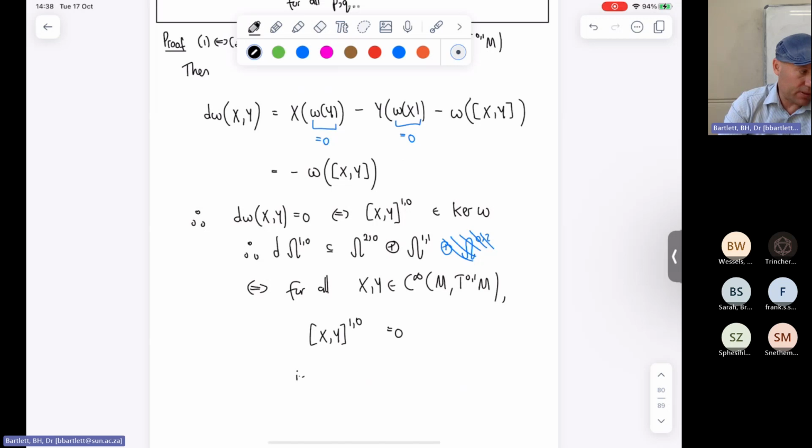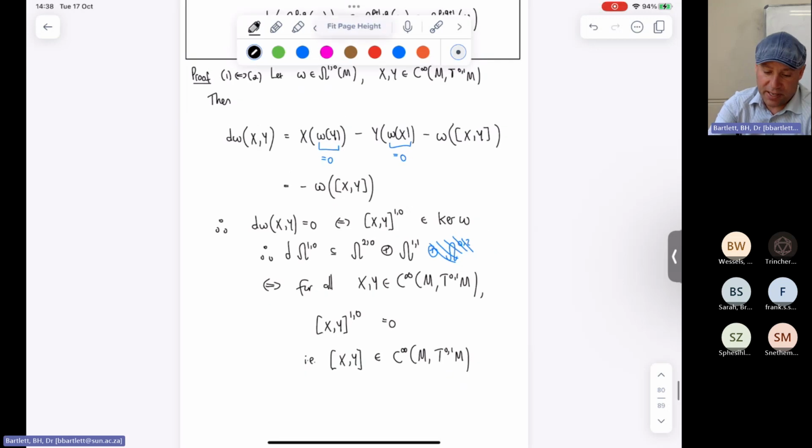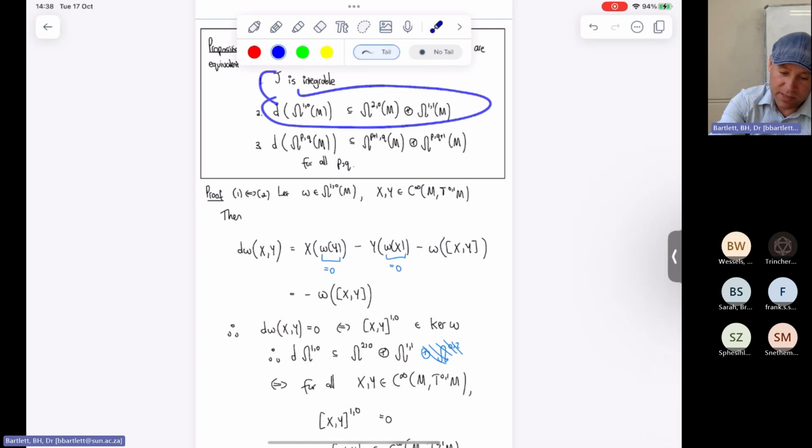In other words, the commutator of x and y is again a 0,1 vector field. Okay, so I've therefore proved that condition 2 is equivalent to condition 1.